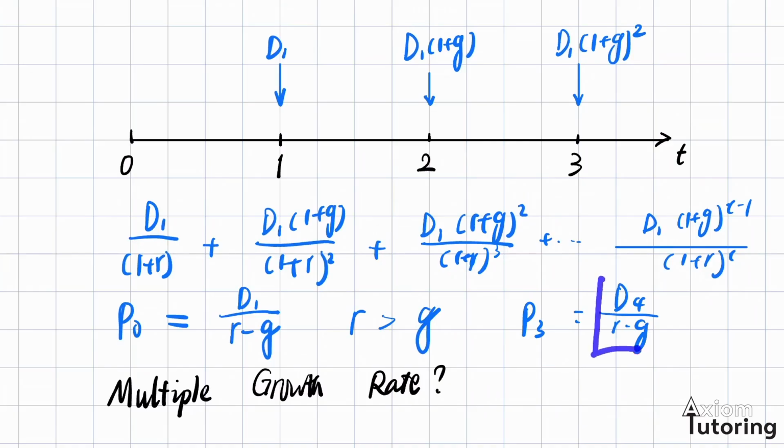So I have to discount this back for 3 periods and then add the value of the dividends for the first 3 years, discounted back to the present. That's going to be my price at the present. We will use an example in future videos to illustrate how to calculate the price of a stock with multiple growth rates, and I'll see you there.